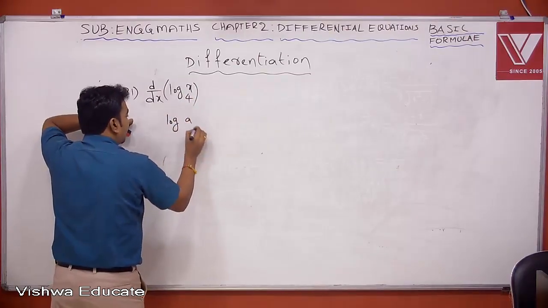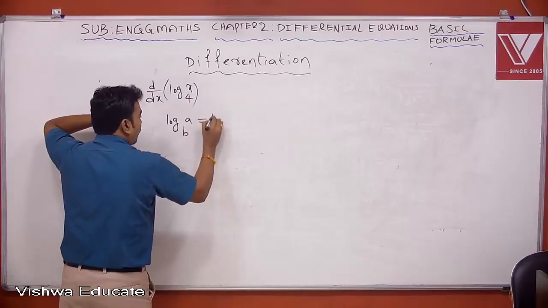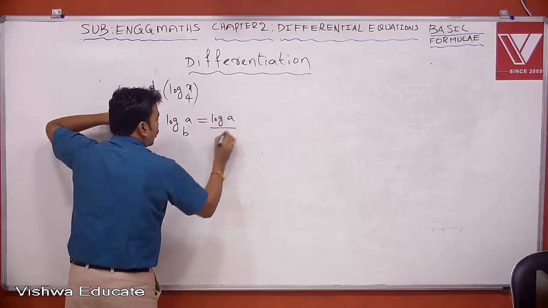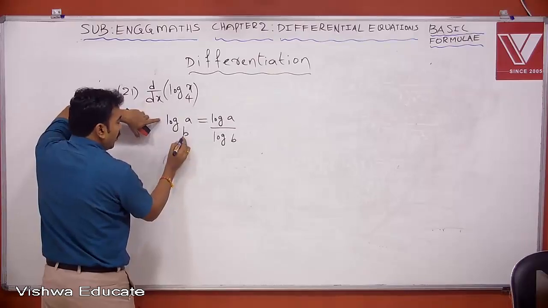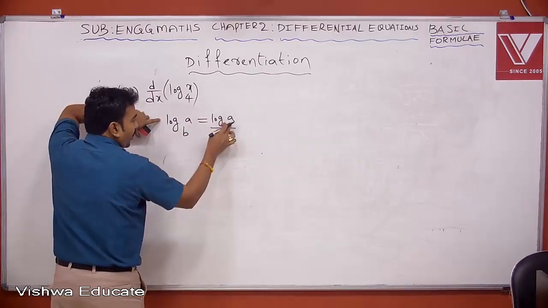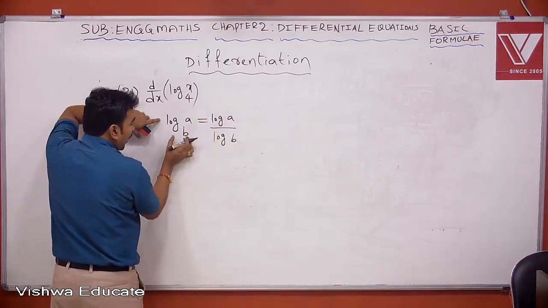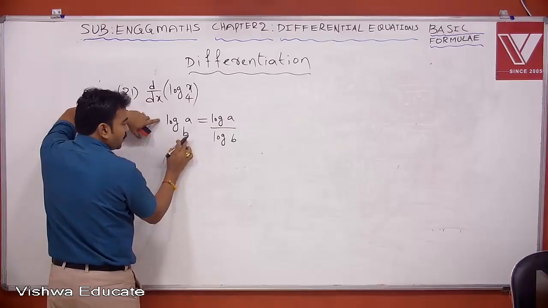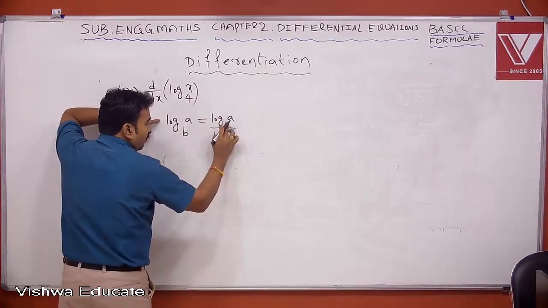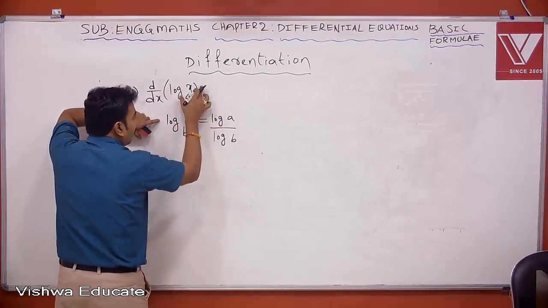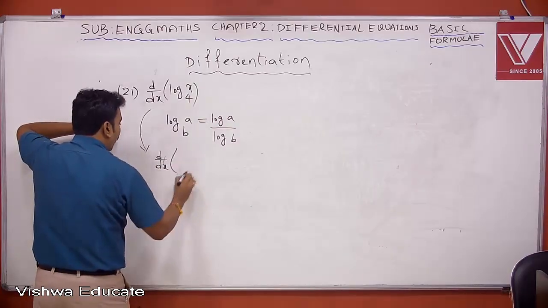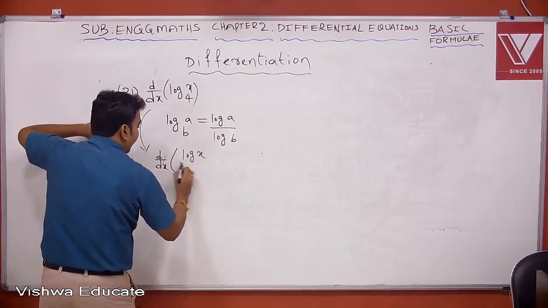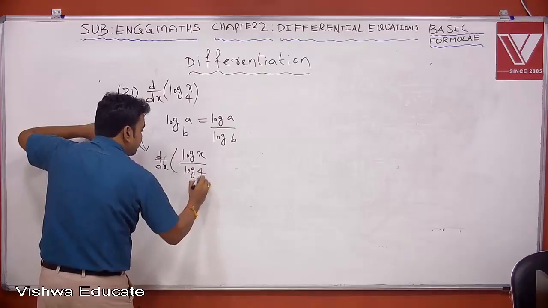We have a result in logarithms: log a to the base b is equal to log a divided by log b. This is for a general base. On the left side the base is b, on the right side the base values are e. Therefore, this can be written as d by dx of log x divided by log 4.